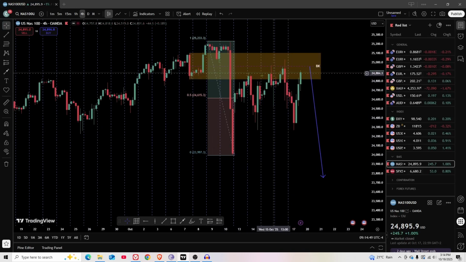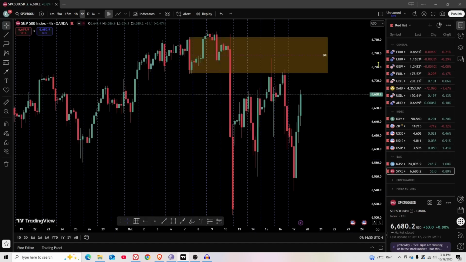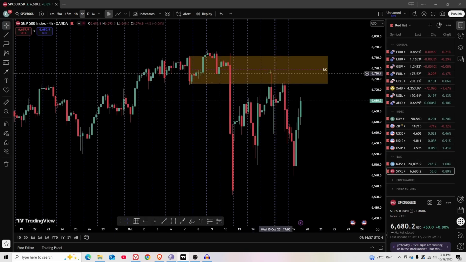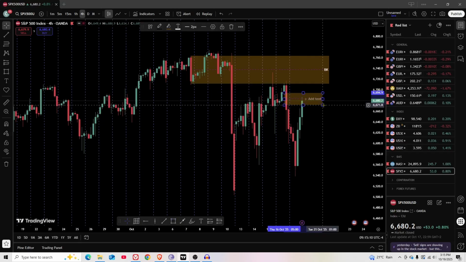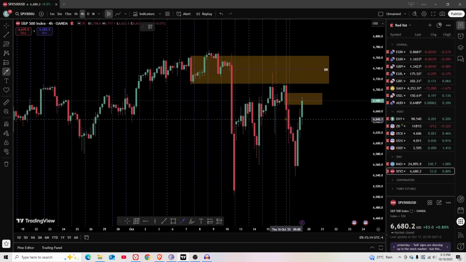But at the moment, I'll be looking for bearishness on Nasdaq and also on my S&P 500. We have the very same thing. The S&P is failing to get into the CE of the breaker block. So what I'm looking for in these pairs is for them to respect these areas, and then we drop to the downside.